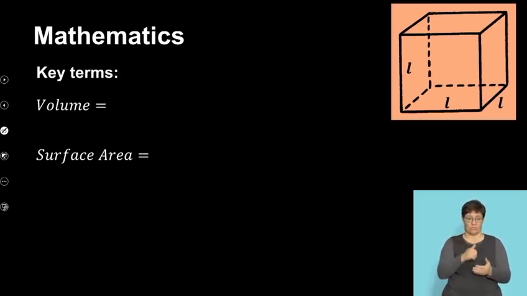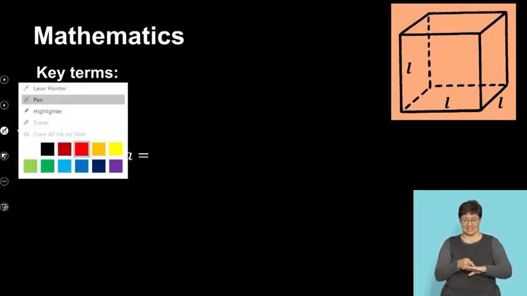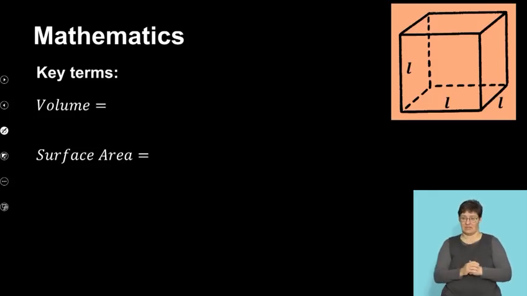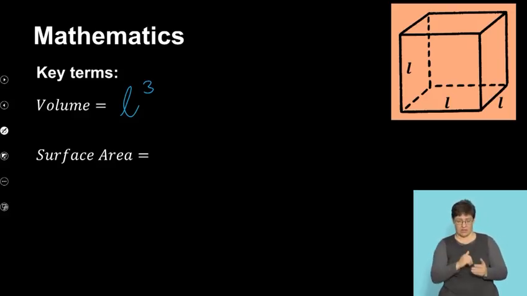For a cube, we've discussed previously that the volume is the area of the base times the perpendicular height. So the volume of this cube is L cubed. The surface area of a cube is equal to the sum of all the squares that make up this cube.